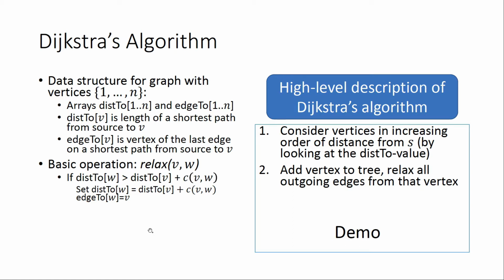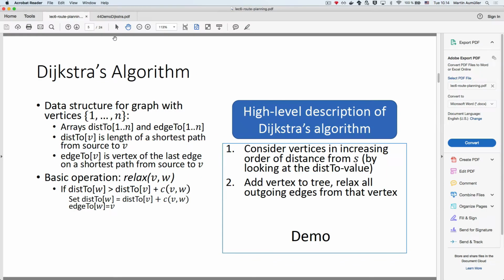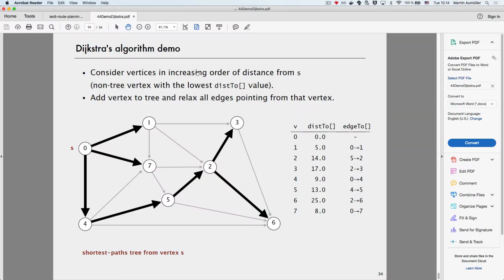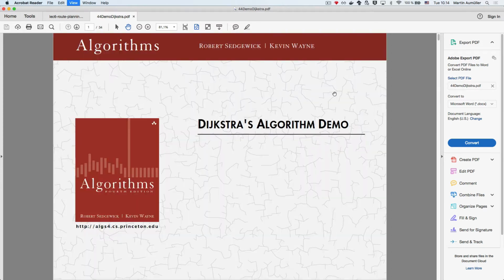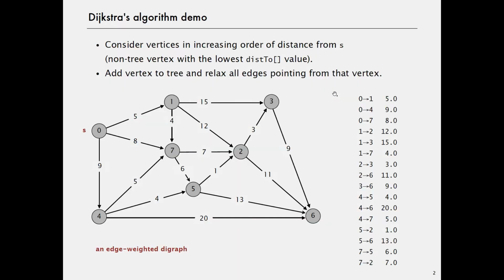Okay, let's look at an example. I guess you have seen this example before, but I think it's going to be useful. This is the very same example as before. This is our input graph. We see our edge weights here. It's a good question how this graph is actually represented.